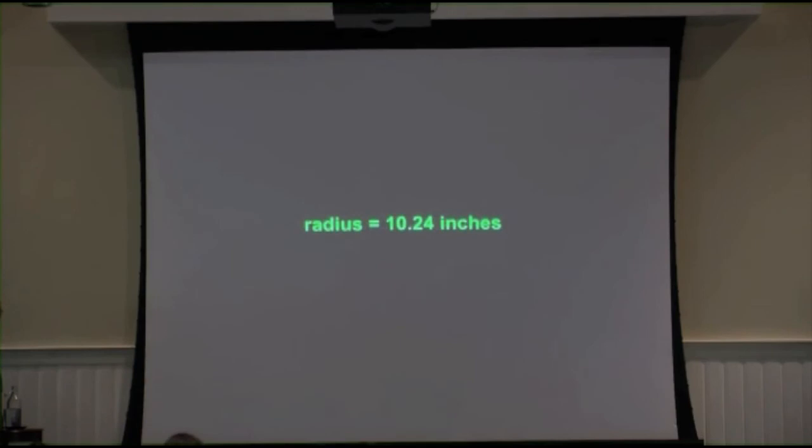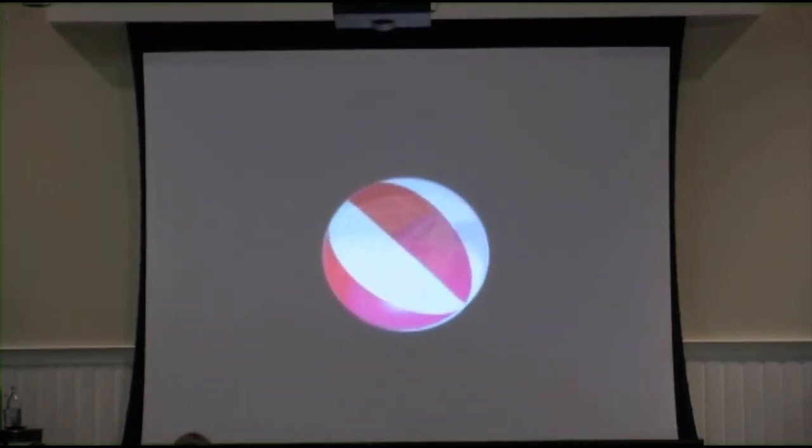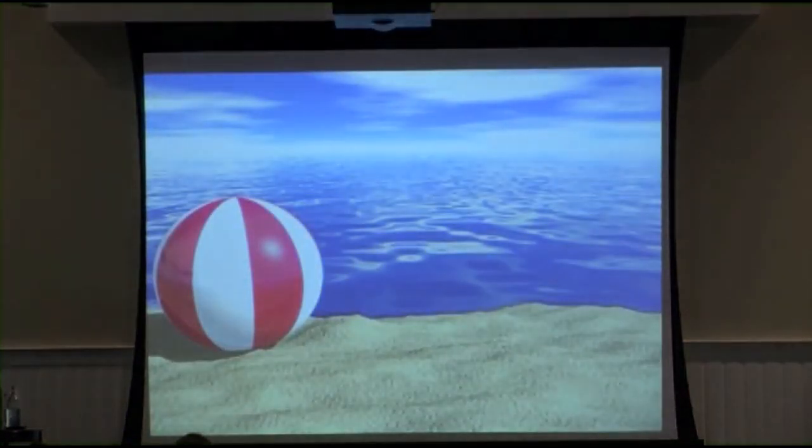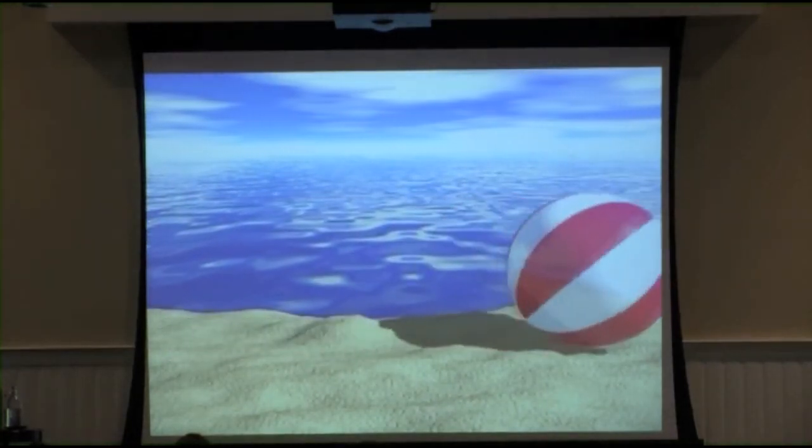The radius of our beach ball is 10.24 inches. Doing the math, the circumference is 64.31 inches. That means we rotate the ball 360 degrees, and at the same time we move the ball 64.3 inches to the right. Voila, the ball rolls.